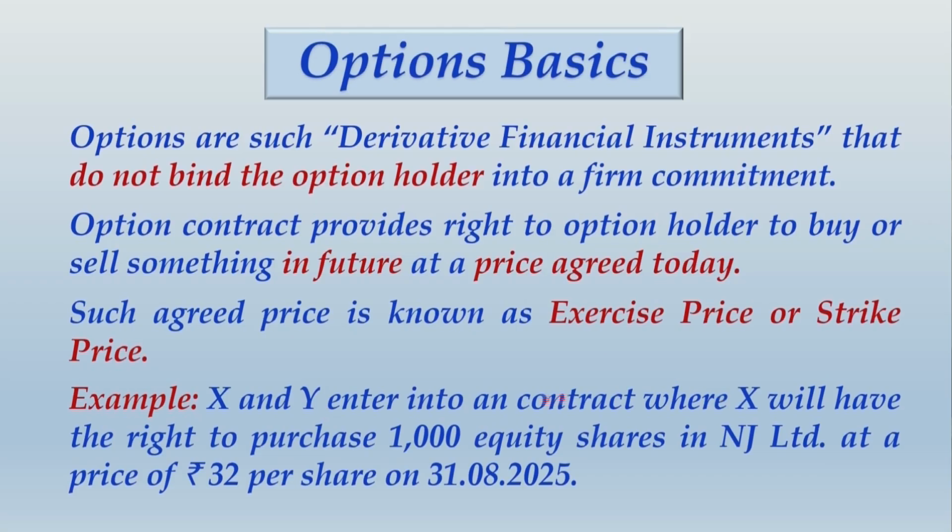If X wants to buy these 1000 shares at the price of 32, X may choose to exercise the option. If X does not want to exercise the option, X is under no obligation to perform. However, if X chooses to buy these shares at the price of 32, in other words, if X exercises this option, then Y is under obligation to sell to X these 1000 shares at the price of rupees 32 per share on this settlement date.